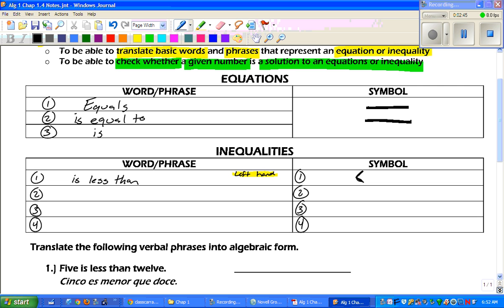Now, the next one, you're also going to make with your left hand, but it's got this little bar underneath it. And what that means is less than or equal to. Okay, now the next symbol, when you make it, you're making with your right hand.